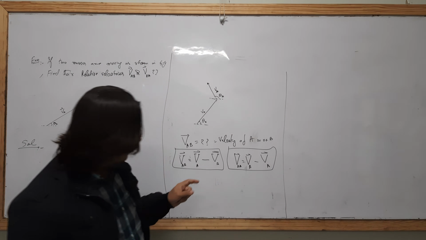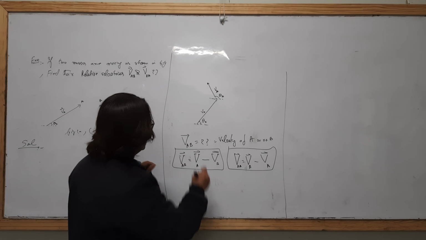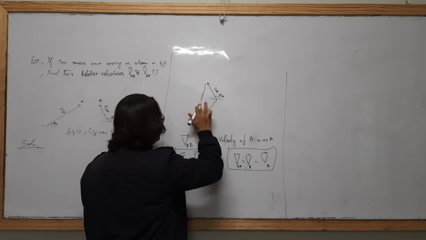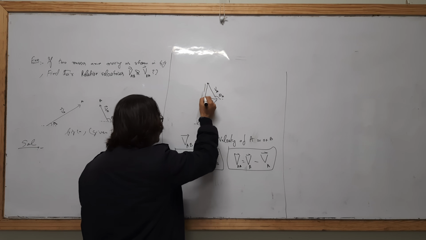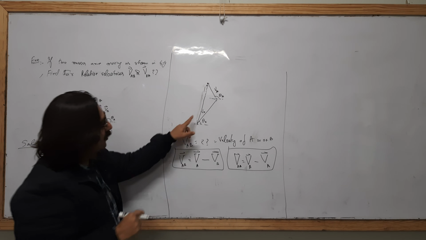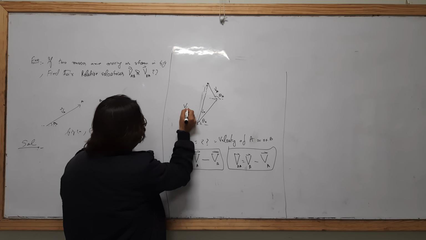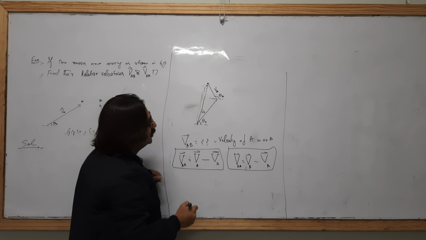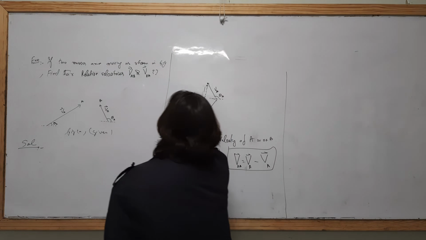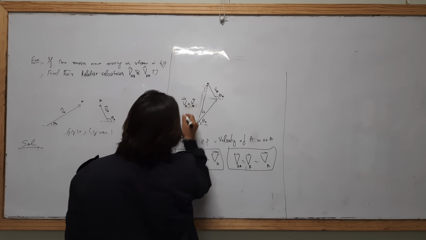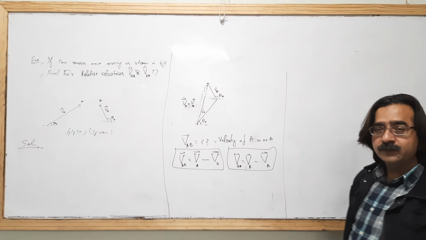But if I join this with this, with head joining head and tail joining tail, this will be VA plus VB, and that is not our requirement.